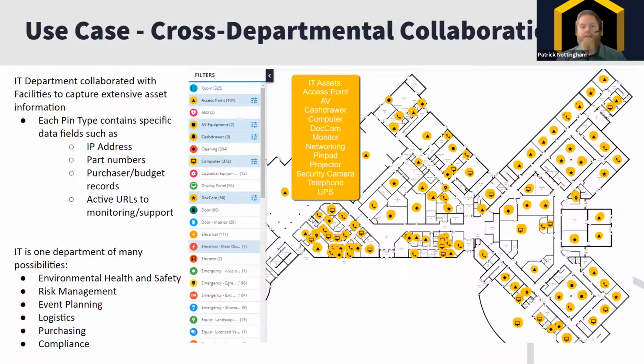And so IT might be one department to think about, but some organizations may have environmental health and safety or risk management, event planning, logistics, purchasing, compliance. There's tons more within the scope of the organization that you may be able to touch base with and collaborate with, getting assets in there for that shared source of truth.